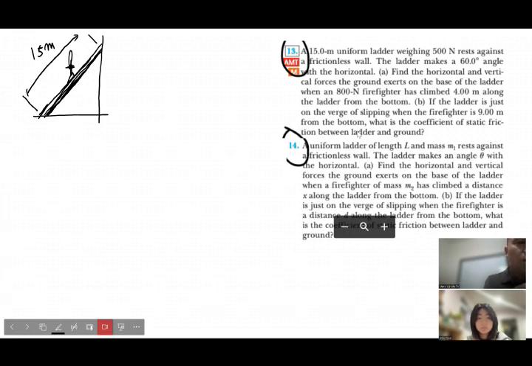So now the angle between the ladder and the ground is 60 degrees, and the firefighter himself is 800 Newton, and the ladder itself also has weight, so that is 500 Newton.